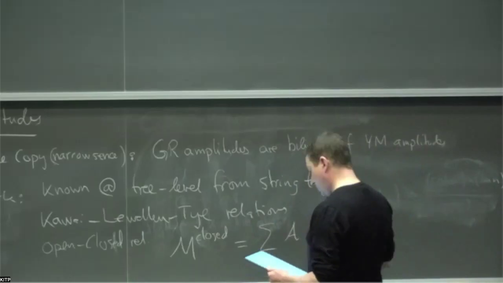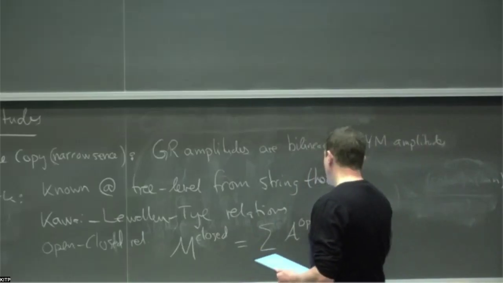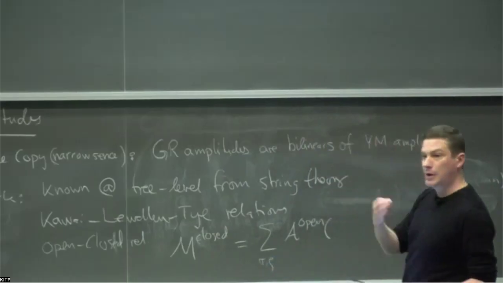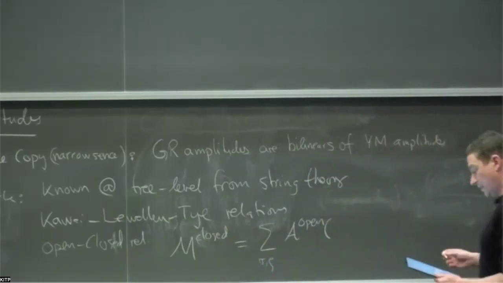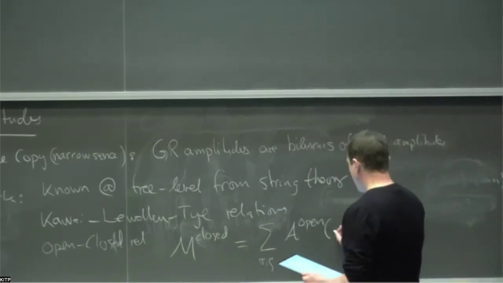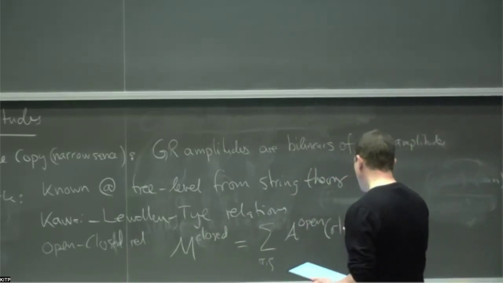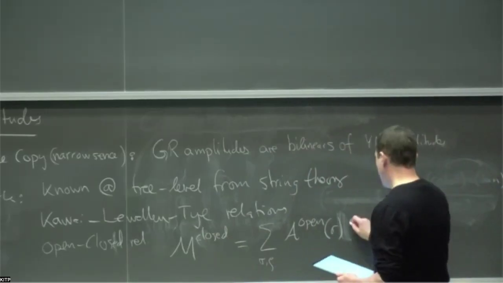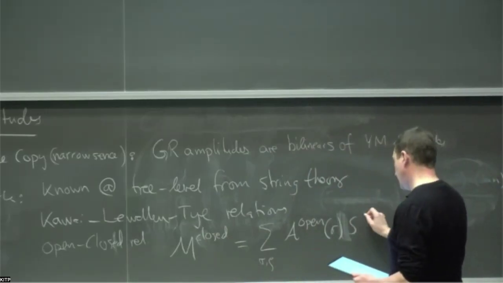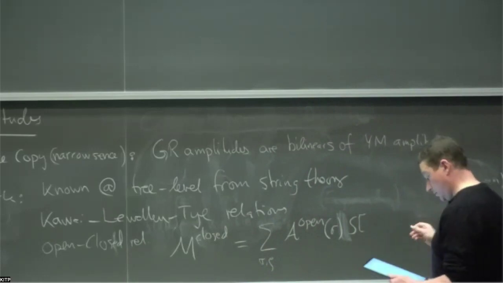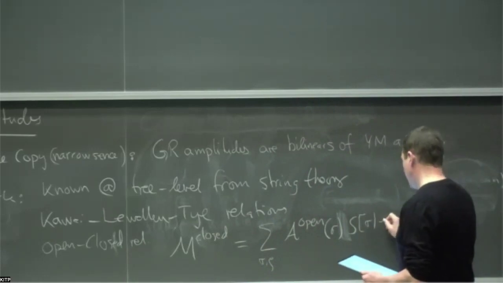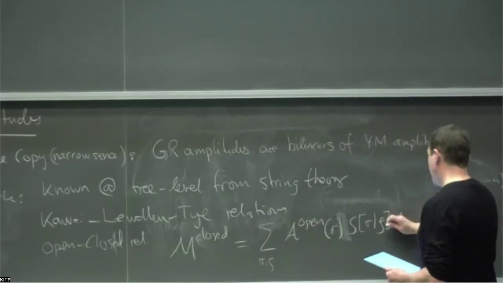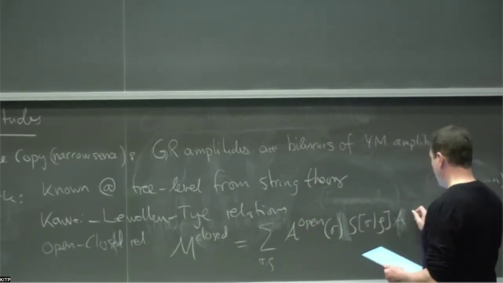And then you have open string, which is defined for some ordering, which has to do with the Chan-Paton factors, sigma, and then you have some kernel, which people call the KLT kernel, which is typically written like this. It's basically a matrix. And then you have another copy of open string.